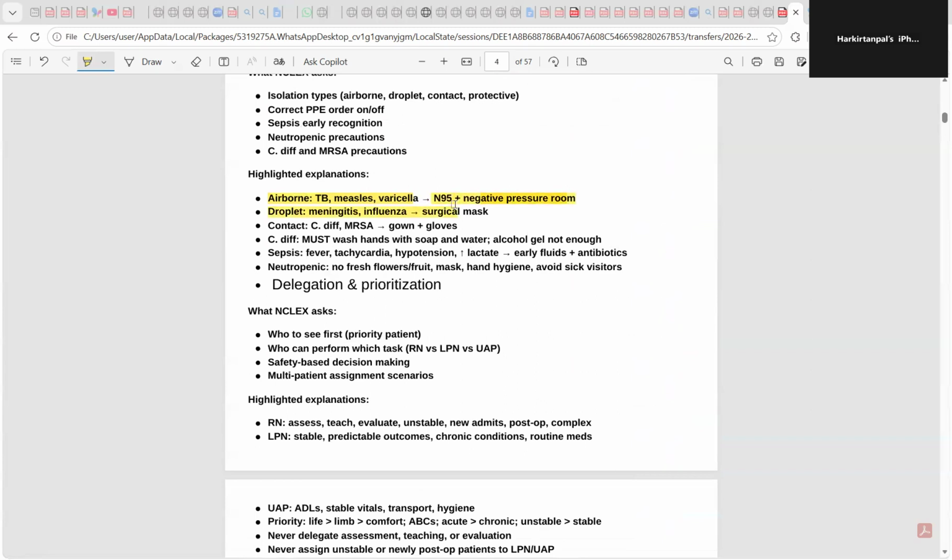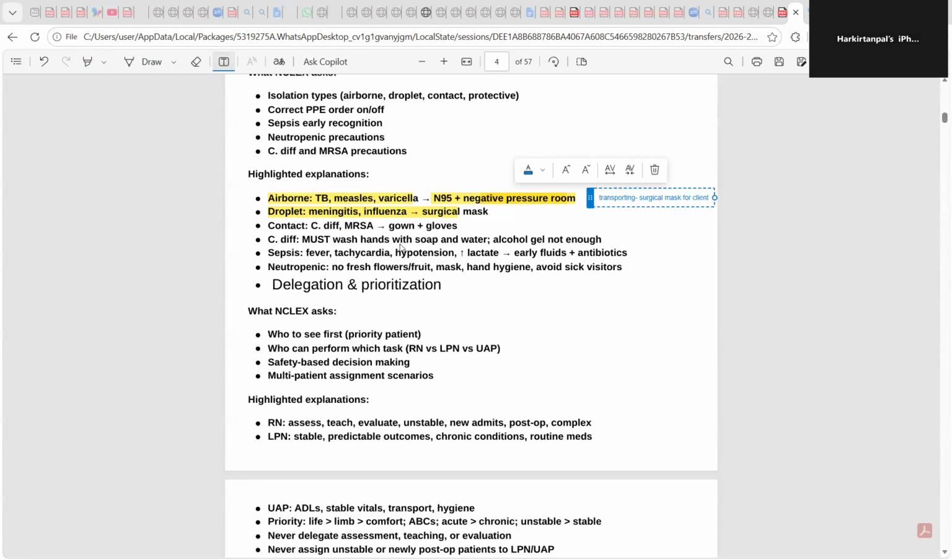Even if the patient is on airborne precaution, while ambulating or transporting the patient, which mask can we provide? A surgical mask can be provided for the client. These are the important ones.